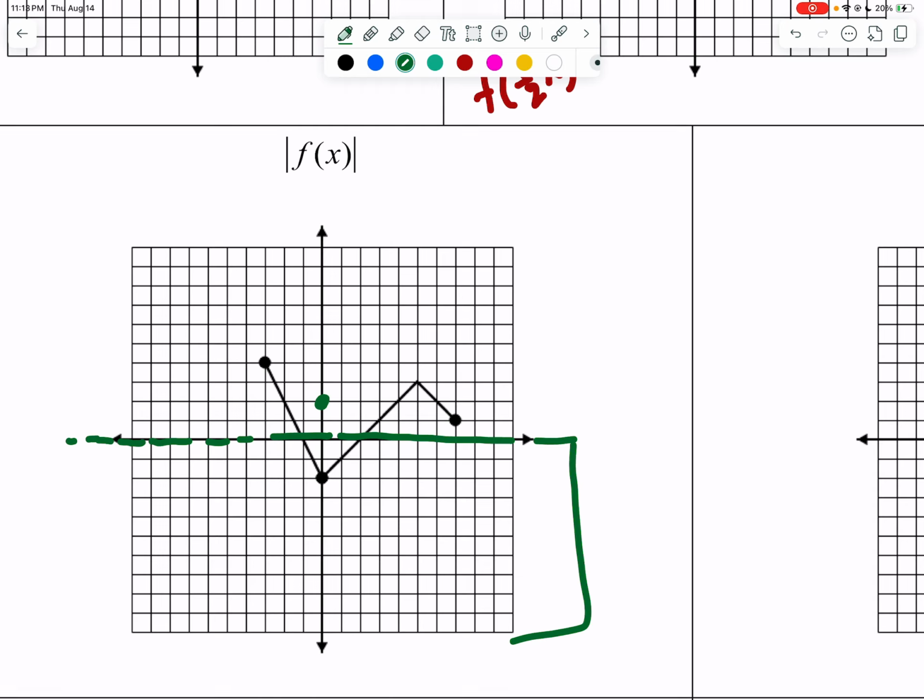And then at this point, we're just going to use symmetry and hope for the best. And this right here becomes your final graph for the absolute value of f of x. Notice how all my output values are all positive or 0.